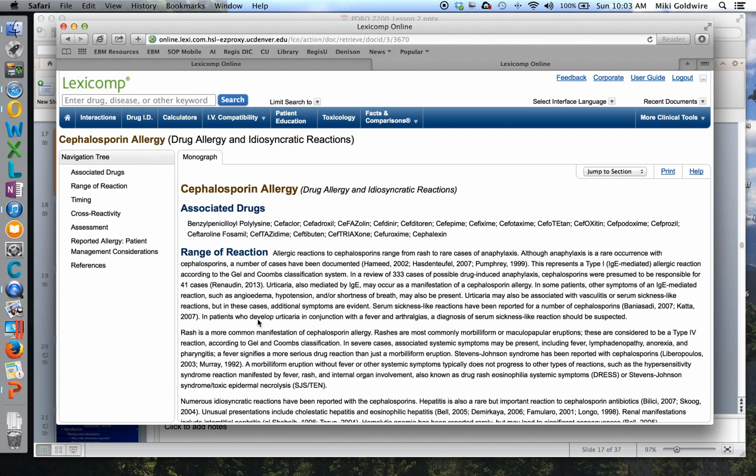So if we click on this hyperlink, we see associated drugs with cephalosporin allergy. And we can see the first generation, second generation, third generation cephalosporins listed here. And we see cefoxitin.